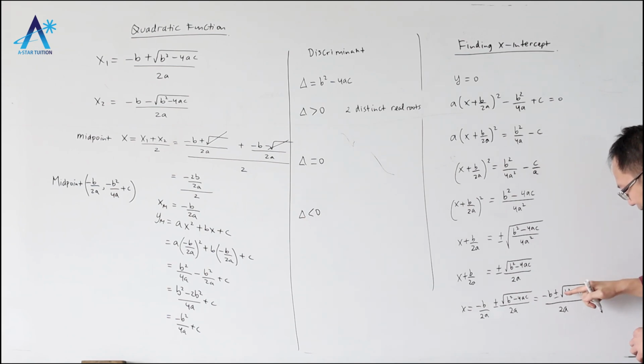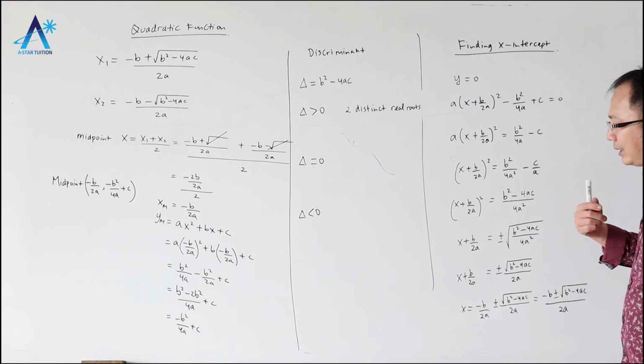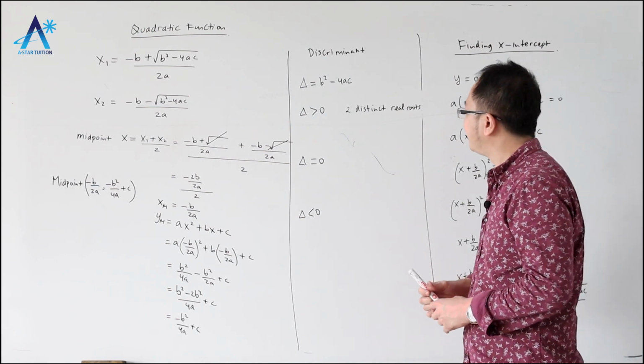Now, when the value of the discriminant is equal to 0, let's take a look and analyze this closely. This is going to be 0 because the square root of 0 is 0, and we will have negative b plus 0 over 2a, and another one is negative b minus 0 over 2a. So they both display the same value. Positive 0 and negative 0 lead to the same number.